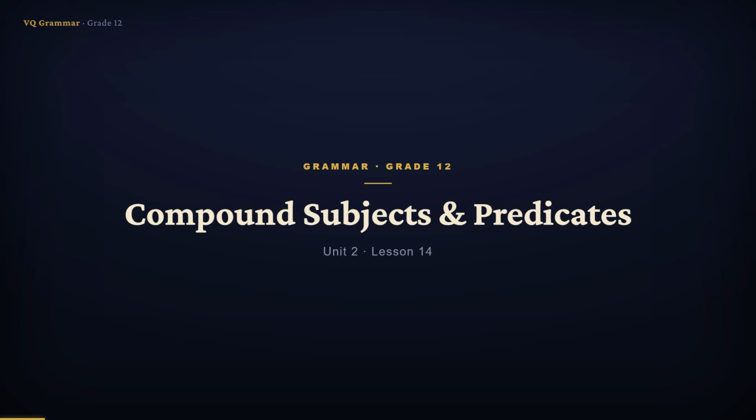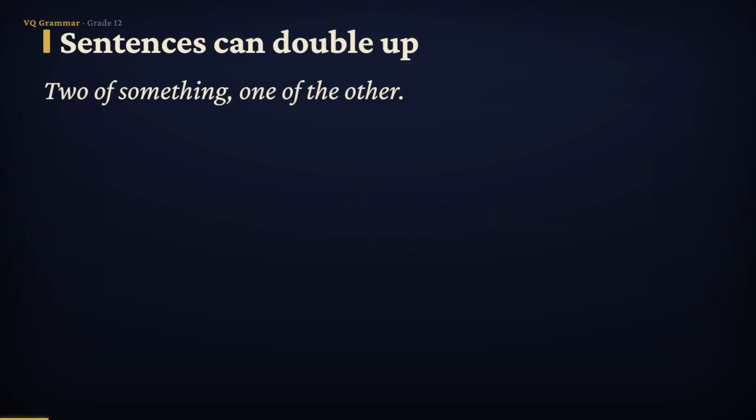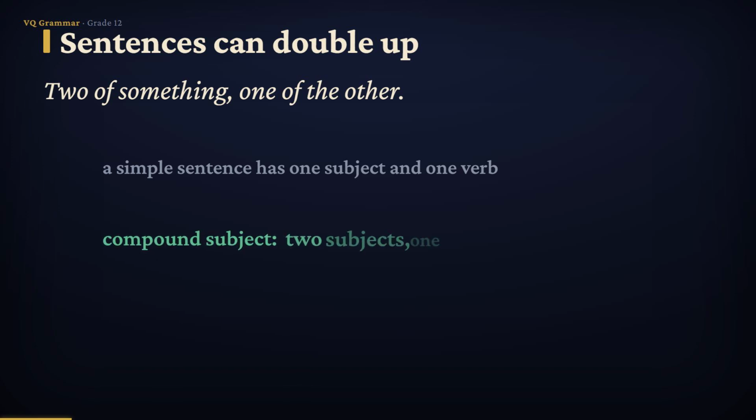Let's take a look. Let's frame the whole idea first. A plain, simple sentence carries one subject and one verb, one doer, one action. But a sentence can double up in two ways. In a compound subject, two or more subjects share a single verb.